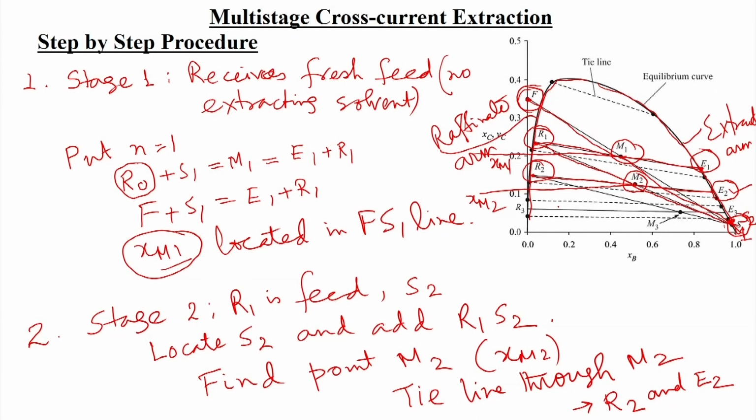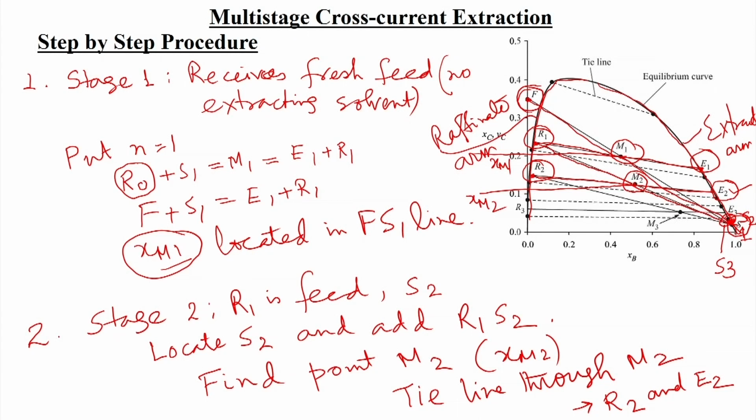You see, this R2 is the feed to stage 3, and for stage 3 we have S3. Suppose S3 is somewhere else like this. Now, R2 is the feed to the third stage.